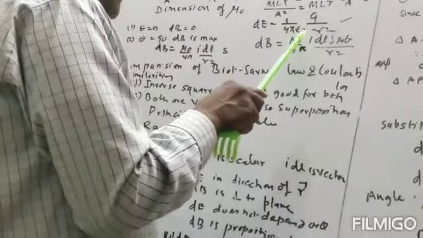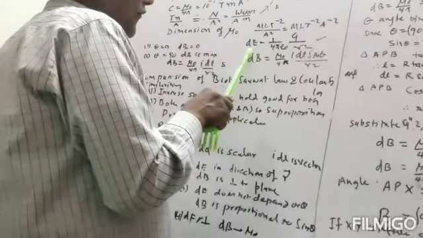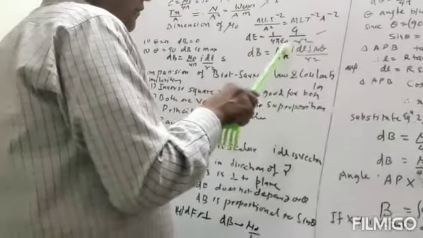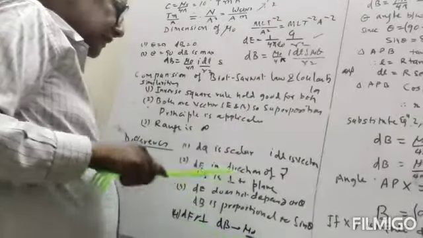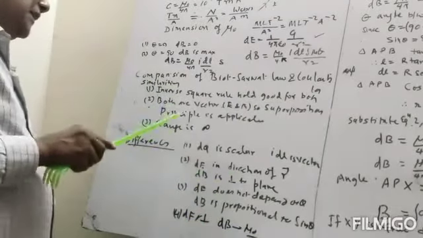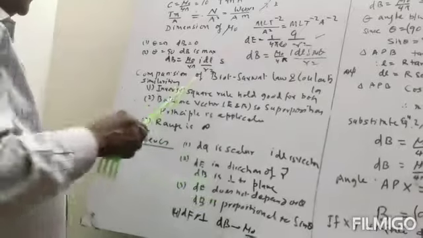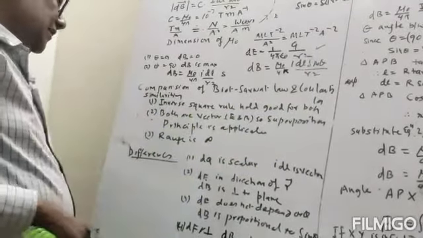Here, permittivity will increase, then force will be, or electrical field will be less. Here, when the permeability is more, then the magnetic field is more. So these are some similarities and dissimilarities, or we can compare the Biot-Savart law and Coulomb's law by these points.